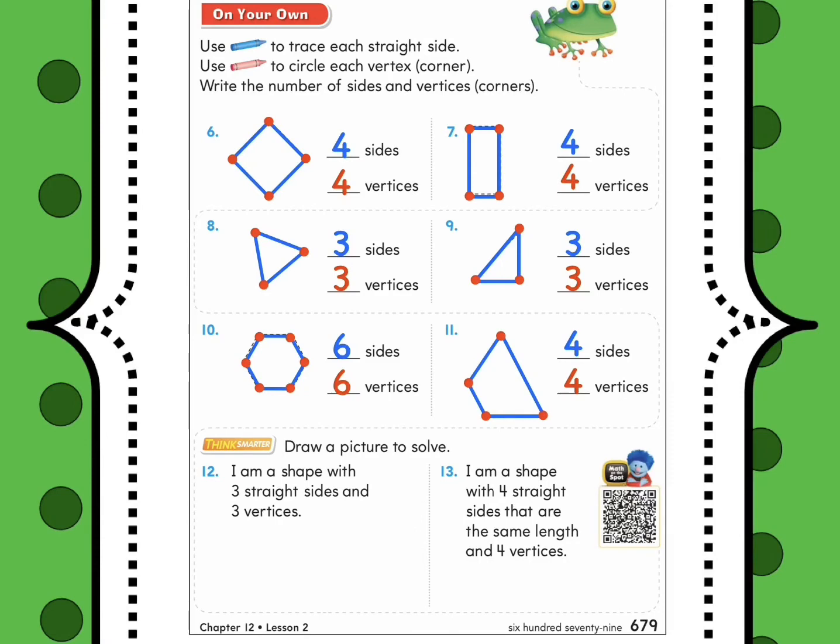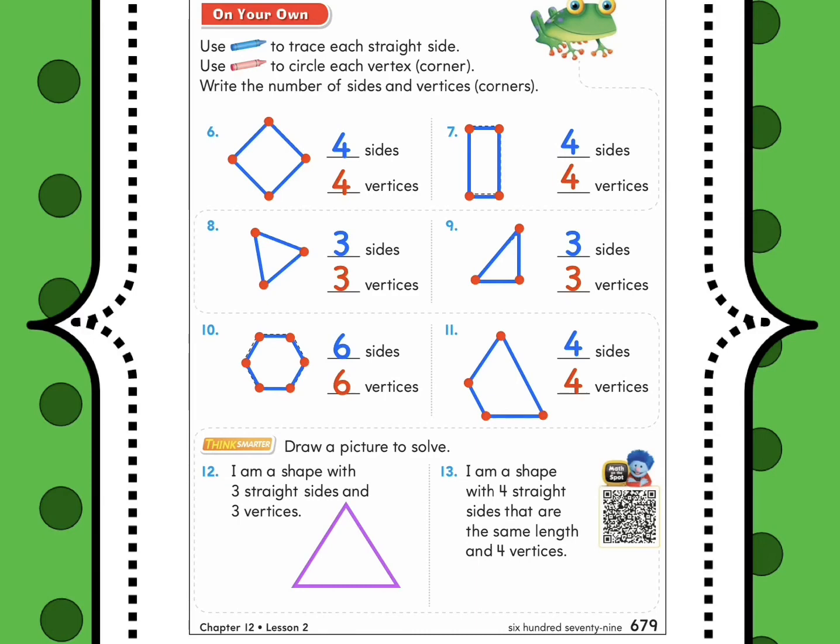I am a shape with 3 straight sides and 3 vertices. Who am I? Lovely grade 1. It's the triangle. And this is how we draw it.